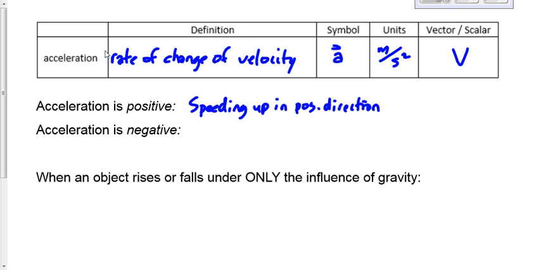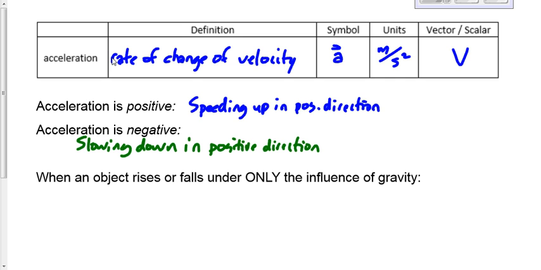That's a positive acceleration. You get a negative acceleration if you're slowing down in the positive direction. So if you're moving to the north, you're slowing down as you move to the north. Or you're moving to the east, but you're slowing down as you're moving to the east.